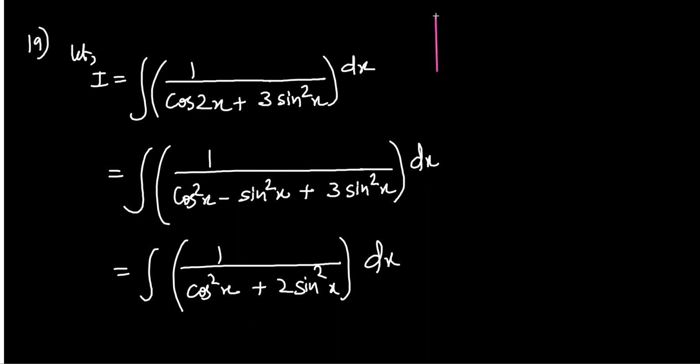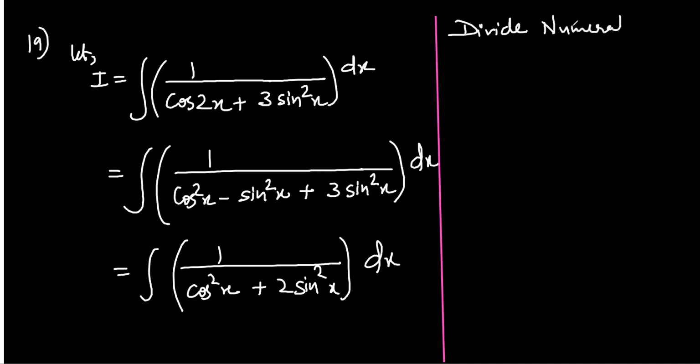So what is the next step? You know the step. Once you notice that it is that type, you will write: divide numerator and denominator by cos square x.